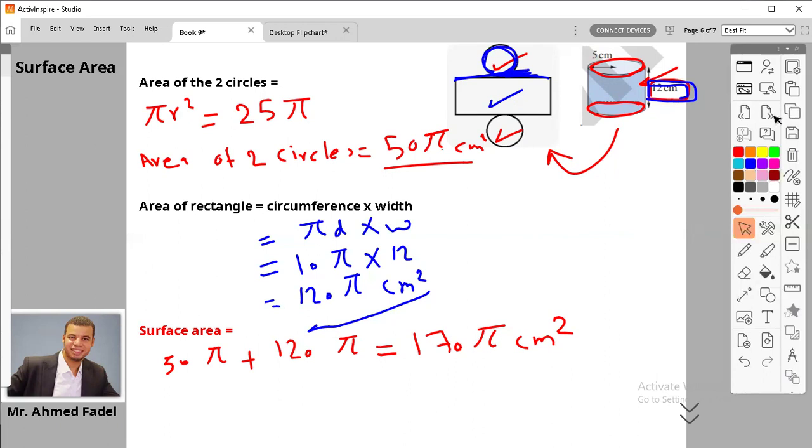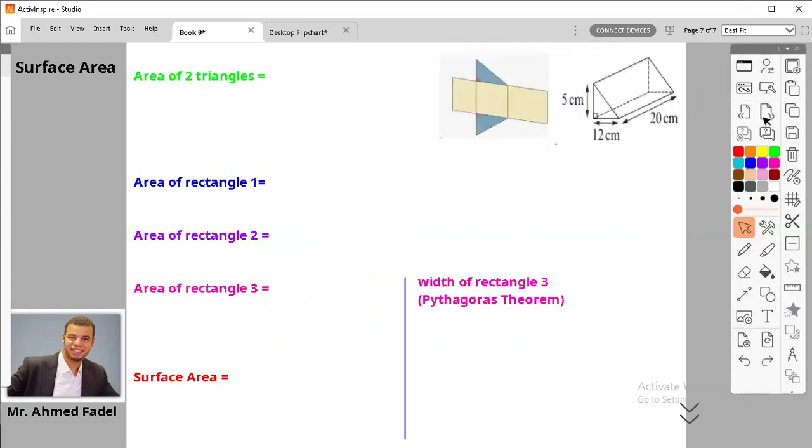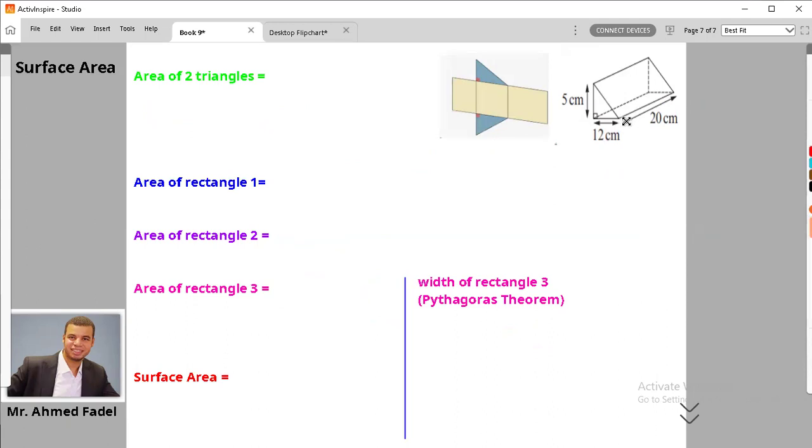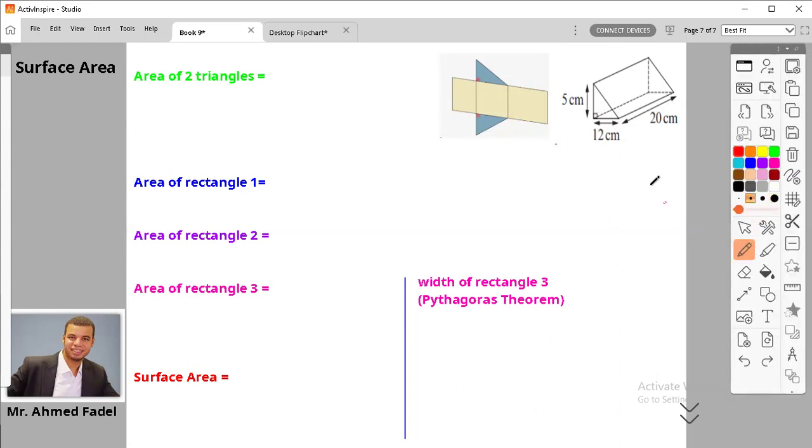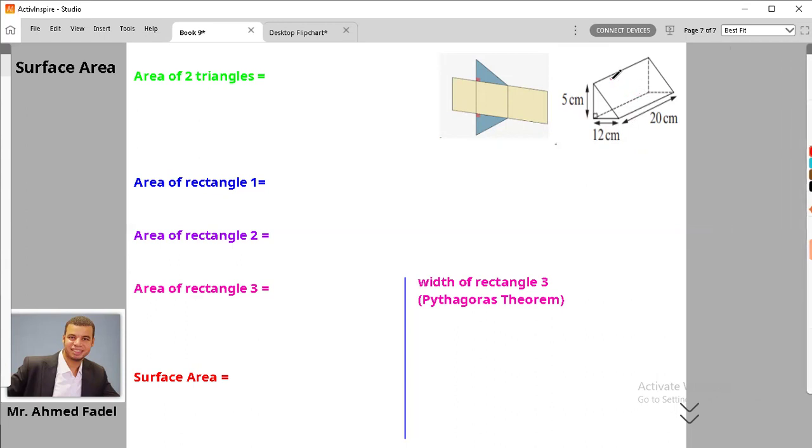All right. The last question over here is about how to find the surface area of a triangular prism, a right-angled triangular prism. All right. The net again. In order to find the surface area, we need to find the net.